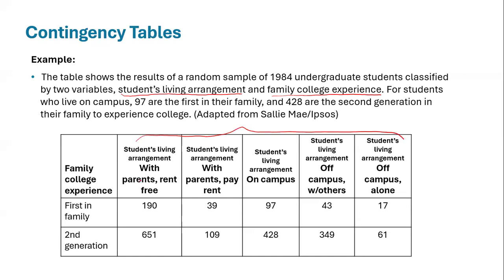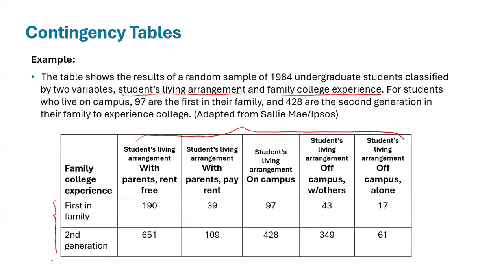The student lives with their parents but doesn't pay rent, or lives with parents but still pays rent, or lives on campus, or lives off campus with others, or lives off campus alone. And the family college experience is also classified into 2 categories: the student is the first in the family going to college, or a second generation.